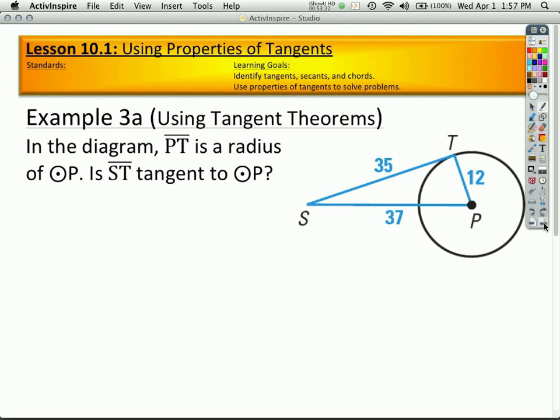But in this diagram, PT is a radius of circle P. Is ST tangent to circle P?